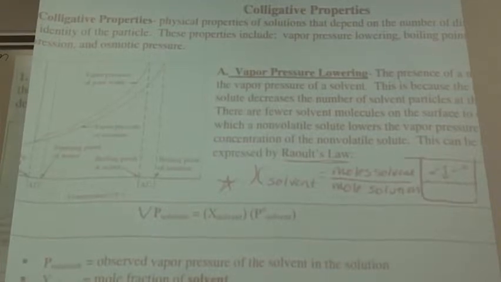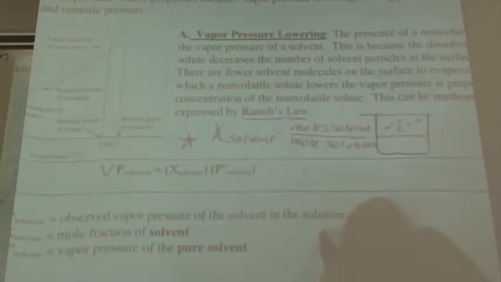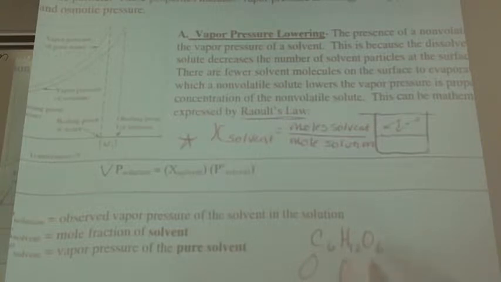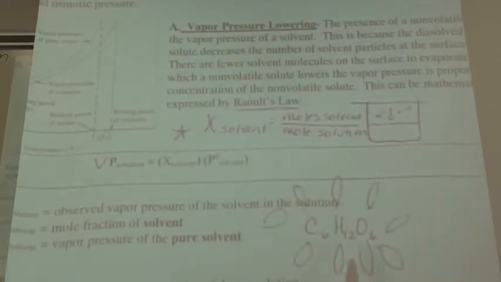Okay. Now, one of the things that this depends on is what happens to the solute in the water. Let's say that we have a glucose molecule, and it is our solute, and we add it to water. When we add sugar to water, it dissolves, correct? Yeah. Okay. And what happens, we'll use these to be water molecules, surround the entire molecule. The molecule doesn't break up into a bunch of C's, a bunch of H's, and a bunch of O's. It hangs together, and the water molecules completely surround it.